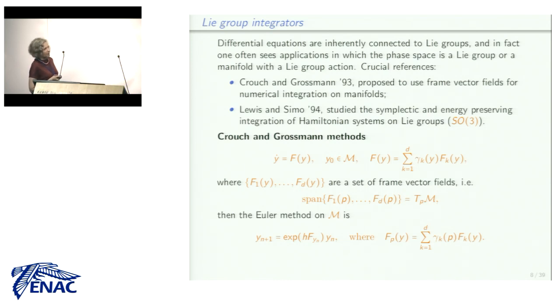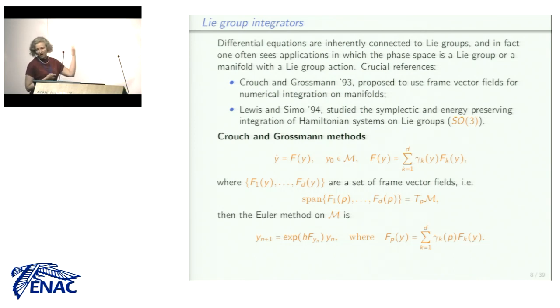So I keep the frame vector fields as they are, but I freeze the functions, which are possibly nonlinear, which are multiplying the frame vector fields, okay? Freeze them, evaluate them at the point P. And P, in my case, is going to be the solution at time t_n, okay?